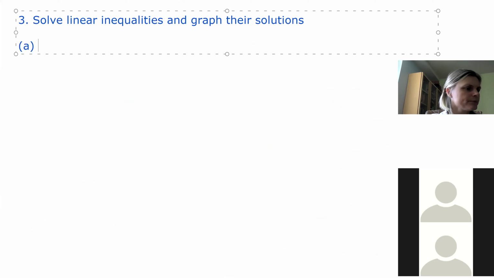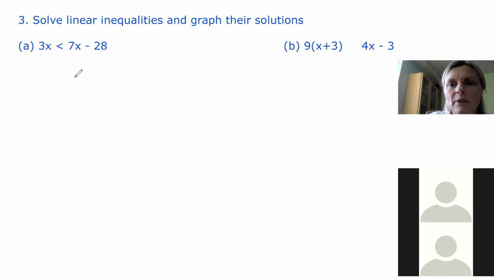Now for A, here are my inequalities. I have 3x is less than 7x minus 28. And then for the second one, I have 9 times (x plus 3) greater than or equal to 4x minus 3.